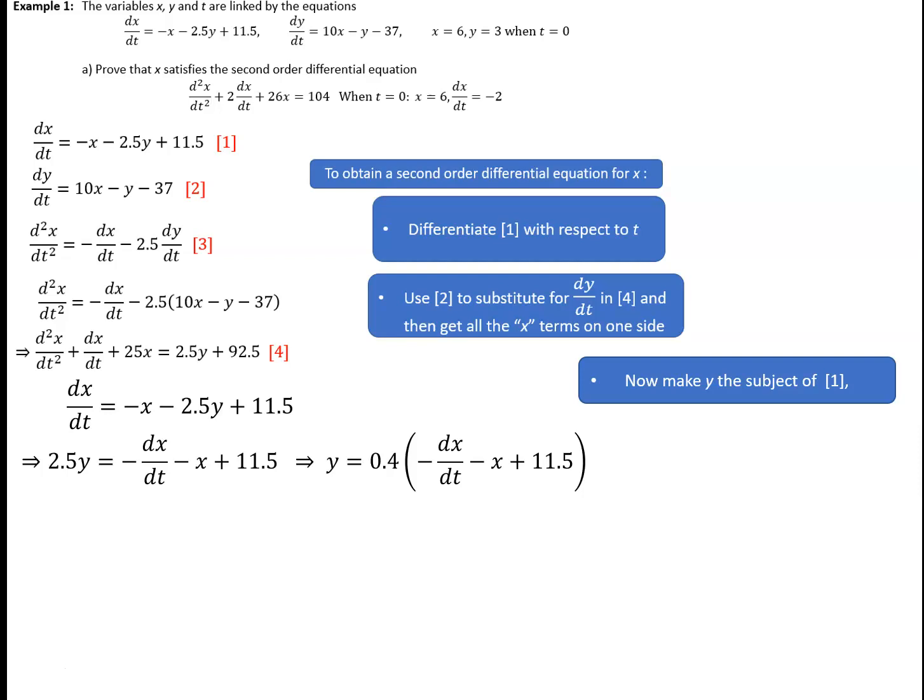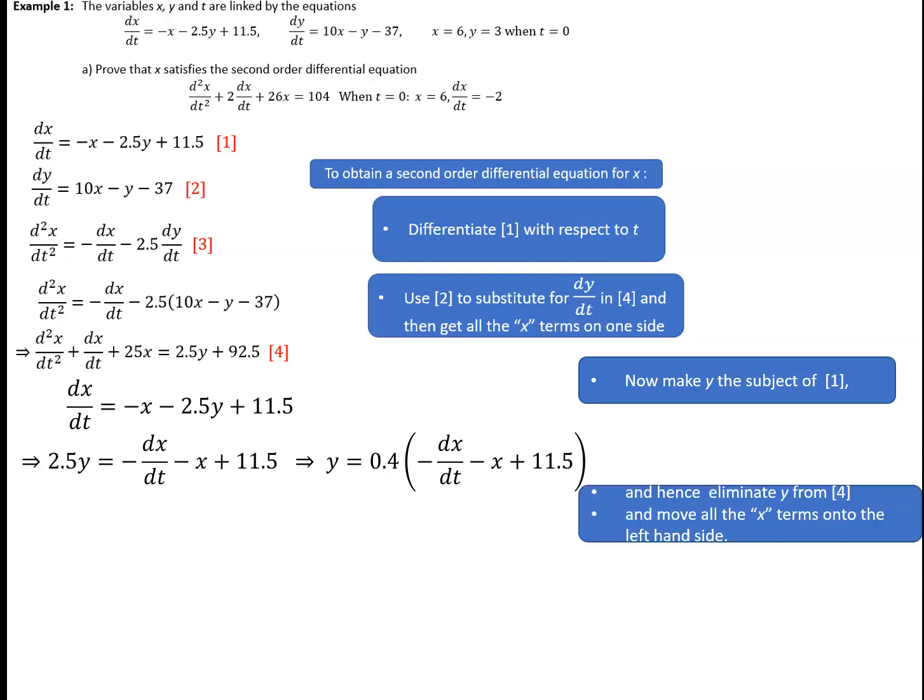So that tells me now that 2.5y is minus dx by dt minus x plus 11.5. Or in other words, y is 0.4 times minus dx by dt minus x plus 11.5. And we can now substitute this into equation 4 to get rid of the y term.